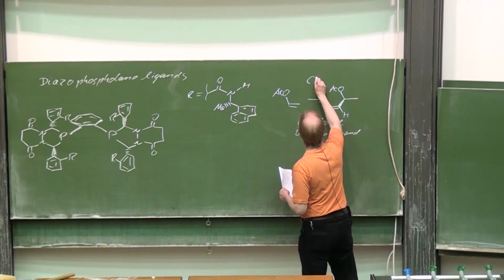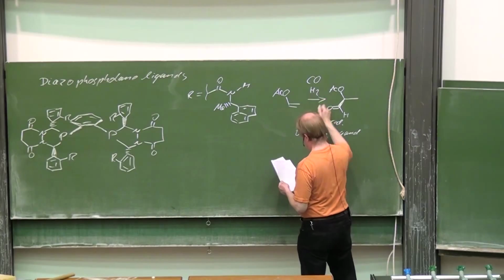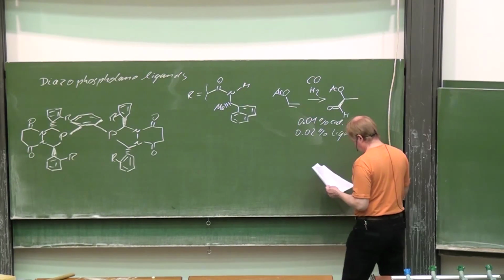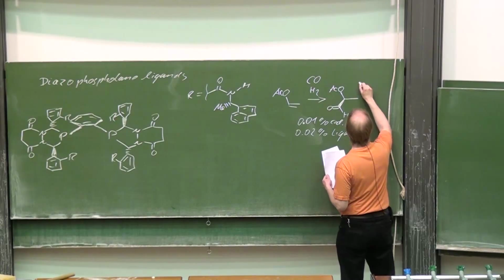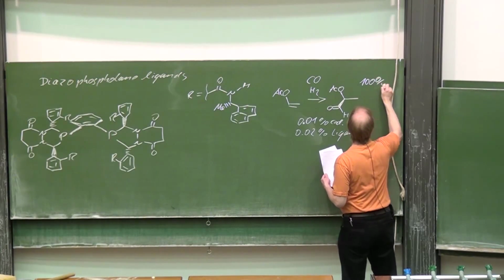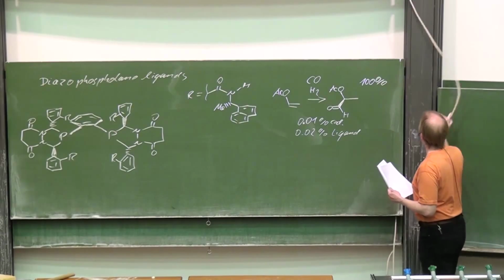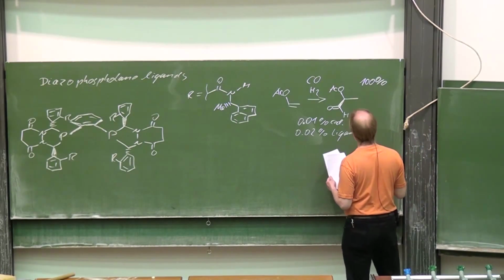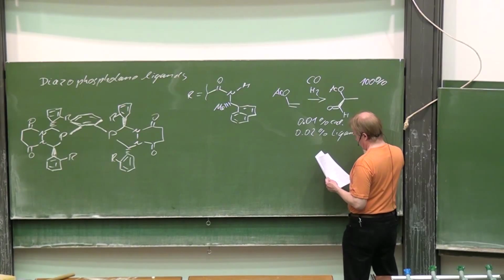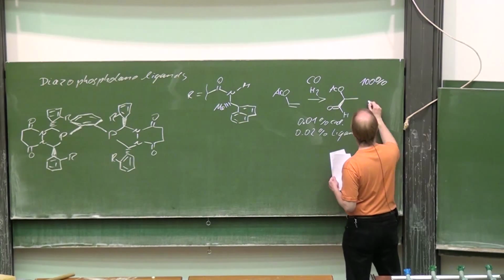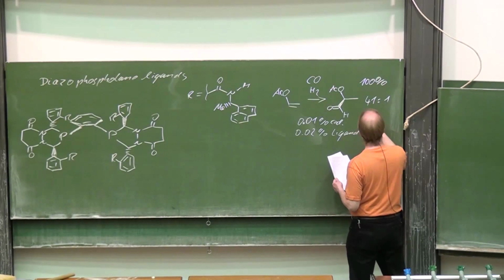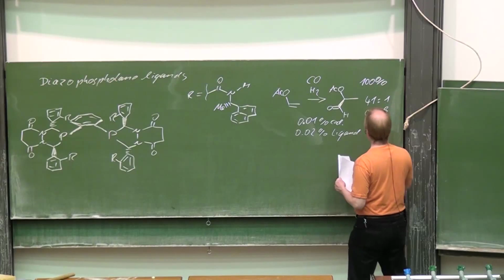So, carbon monoxide, hydrogen, and as a result, quantitative conversion is achieved. A regioselectivity of 41 to 1, alpha to beta.